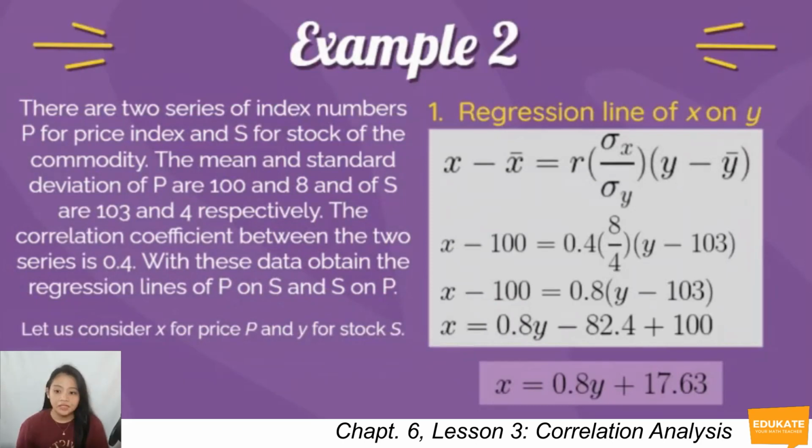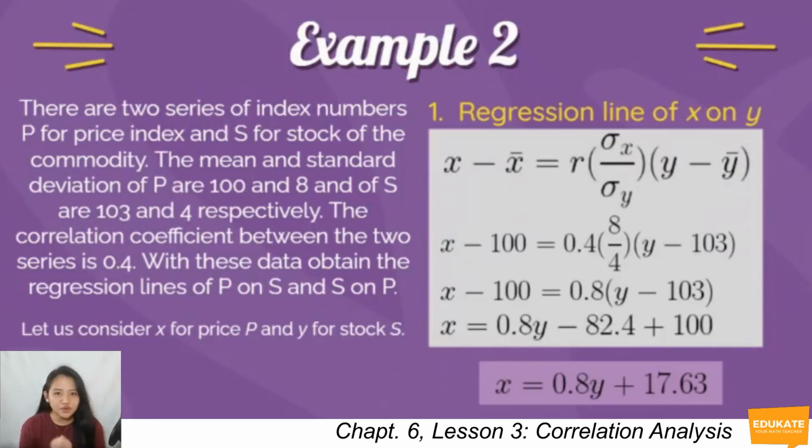So for the first one, regression line of X on Y, you have X minus mean of X equals R, the correlation value, multiplied to the fraction of standard deviation of X over standard deviation of Y, multiplied to Y minus mean of Y. From our given, we have X minus 100 equals 0.4 times 8 over 4, where 8 is the standard deviation of P and 4 is the standard deviation of S, times Y minus 103, the mean of S. That's going to be X minus 100 equals 0.8 times Y minus 103.